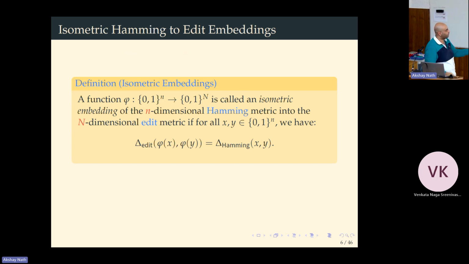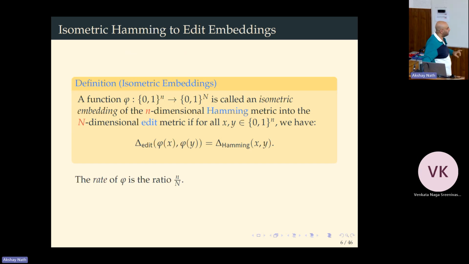So you want that for every pair of points in the original space, after the embedding, their distances remain exactly the same in the new metric space. So I'm not allowing, for instance, a constant factor there, explicit constant. Those are called one embeddings. So let's just look at isometric embeddings where the distances are preserved even with the scalar being 1.